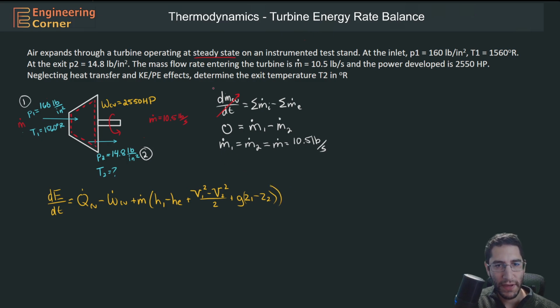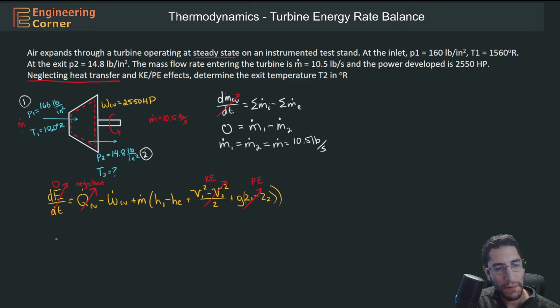Now, we can make some simplifications. Again, we have steady state, and because we have steady state, dE/dt is going to go to 0. We were told that we can neglect heat transfer. Because we can neglect heat transfer, Q is going to go to 0. We can't neglect our work because we have a work output, but we can neglect our velocity because this is kinetic energy, and we can neglect our height change because this is our potential energy.